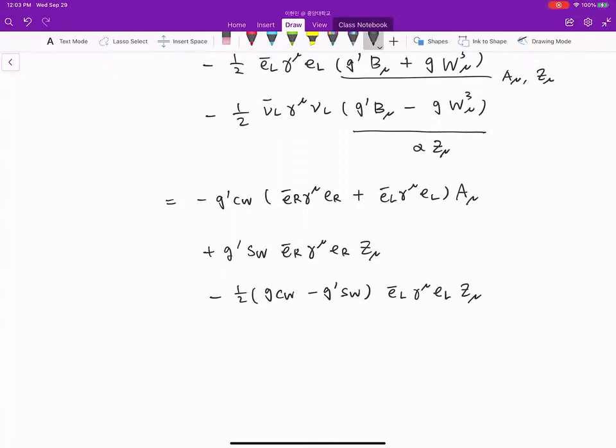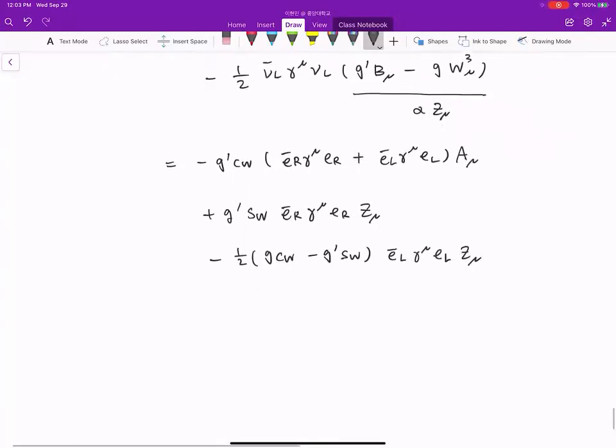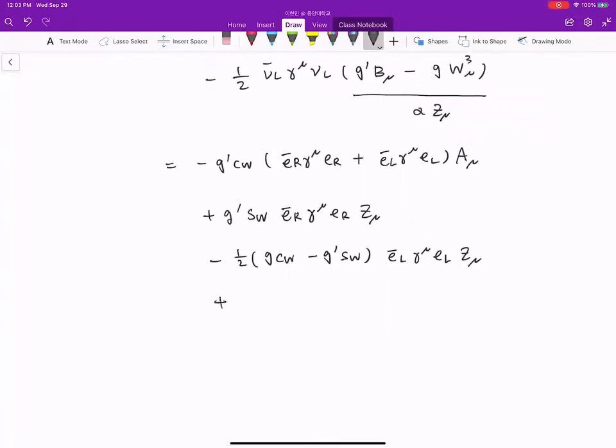So the Z boson distinguishes the chiralities. And the neutrino couples to the Z boson only.